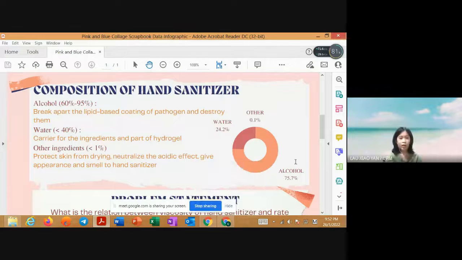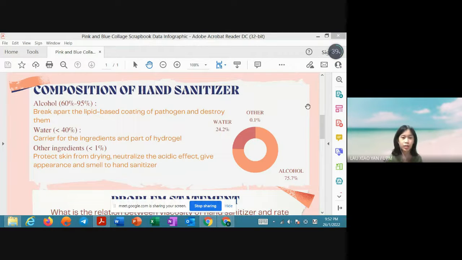Now I'll be sharing about the composition of the hand sanitizer. Hand sanitizer is composed of three main parts: alcohol, water, and other ingredients. The alcohol is the most, containing 60% to 95%. The alcohol is used to break apart the lipid-based coating of pathogens and destroy them, while the water content is less than 40%.